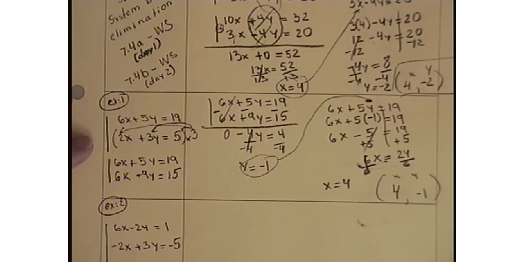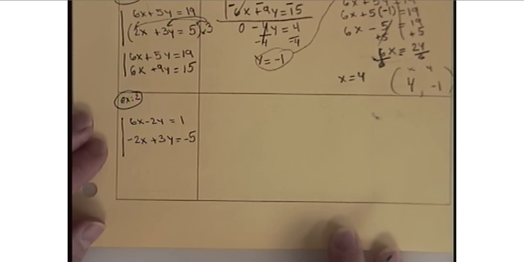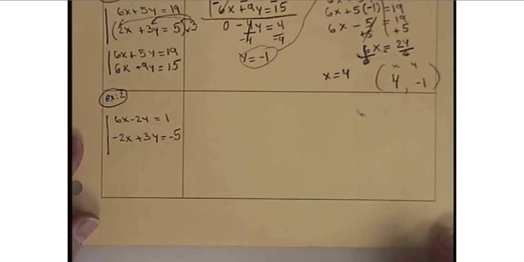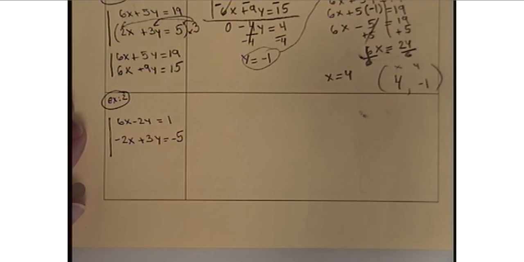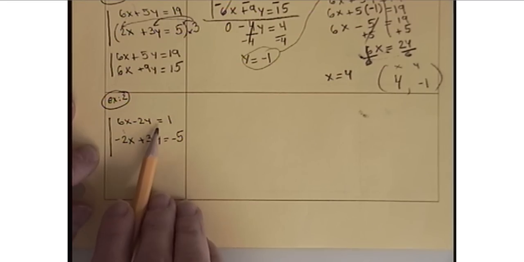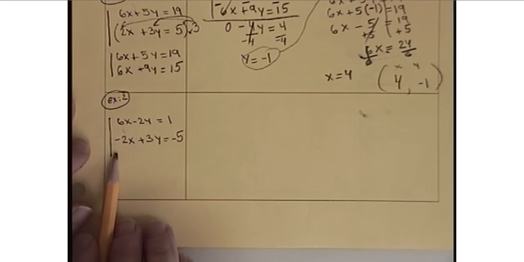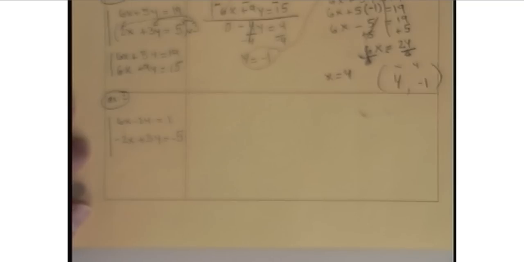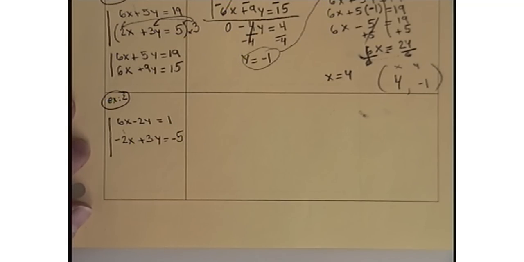Okay, well, let's take a look at another one. Number 2 of the problem will be, we have 6x minus 2y equals 1, and negative 2x plus 3y equals negative 5. Well, I bet by now everybody knows which term we want to change and multiply by.